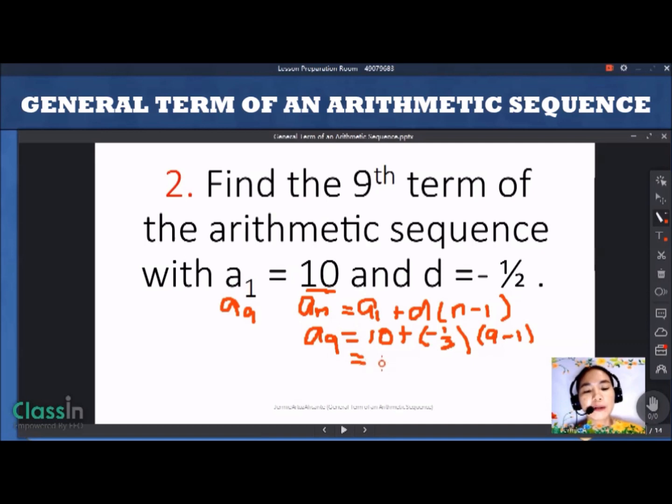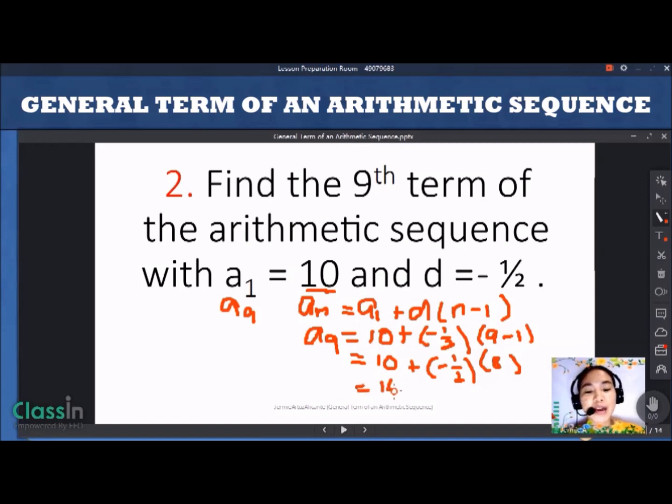Now let's solve. We have 10 plus 9 minus 1 is 8. Then we will multiply it to negative 1/2. What is negative 1/2 times 8? Or basically negative of 1/2 of 8.